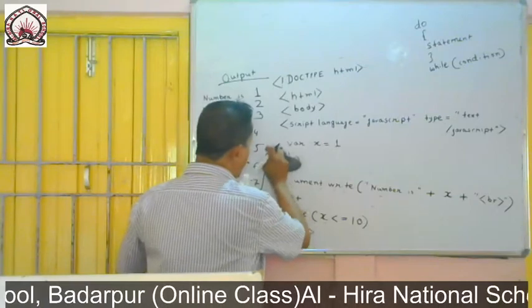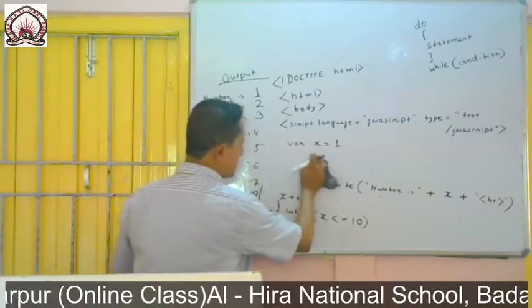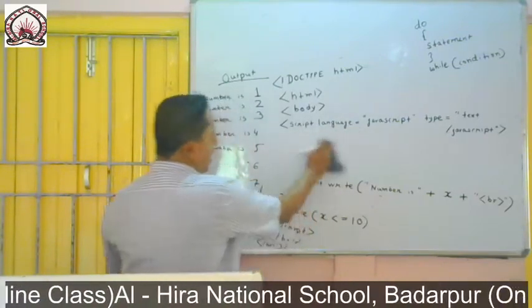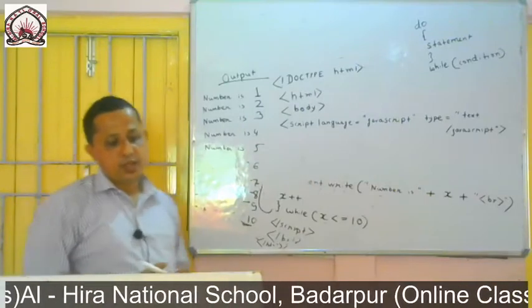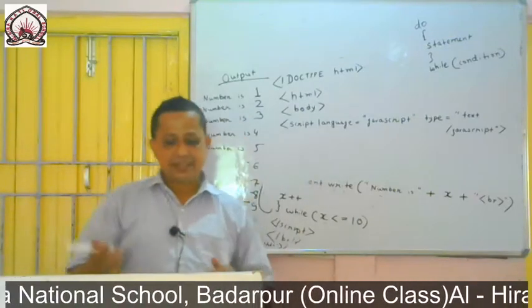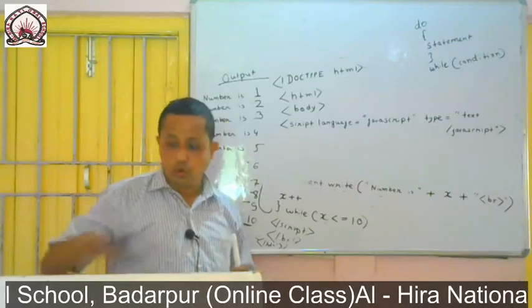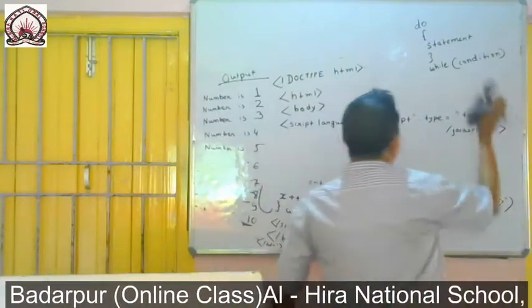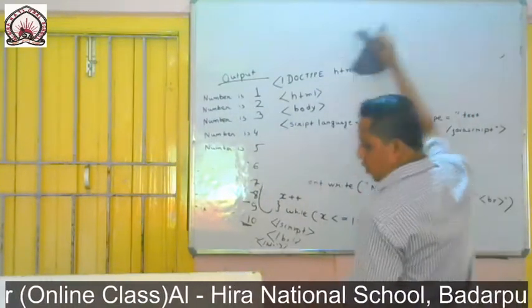Now come to the for loop. The for loop is used to repeat a statement, and the general format of the for loop is like this.